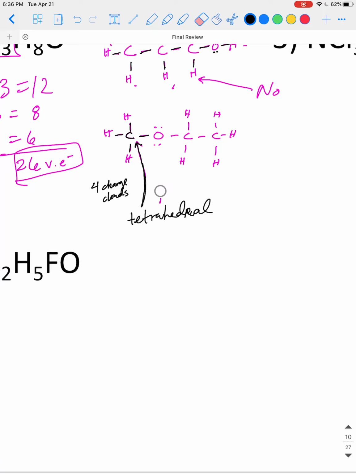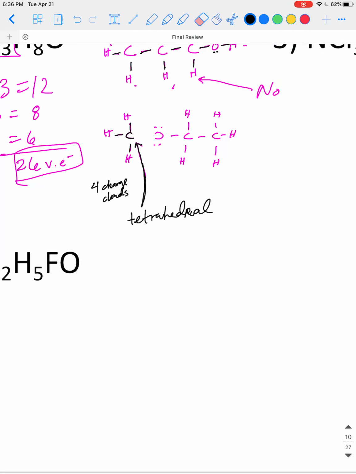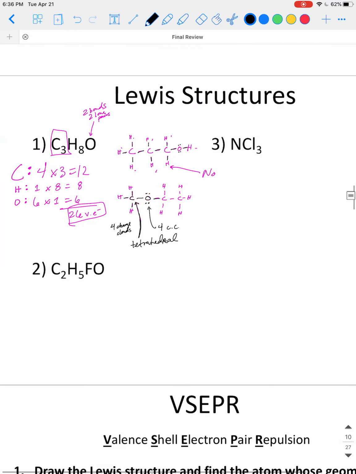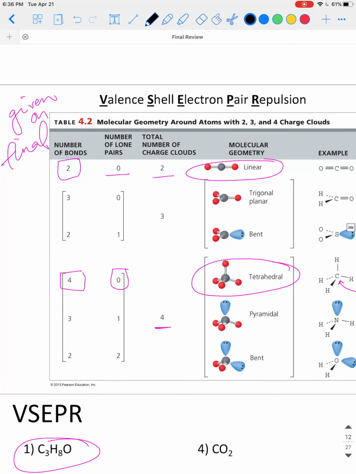Okay. This oxygen right here, if we look at this oxygen right next to carbon, let's go ahead and name it too while we're at it. What do you notice about this oxygen? 1 bond, oh, I'm still on eraser. 1 bond to oxygen, and another bond, that's 2 bonds, and look, 2 lone pairs. 2 bonds, 2 lone pairs, that's a total of 4 charge clouds.